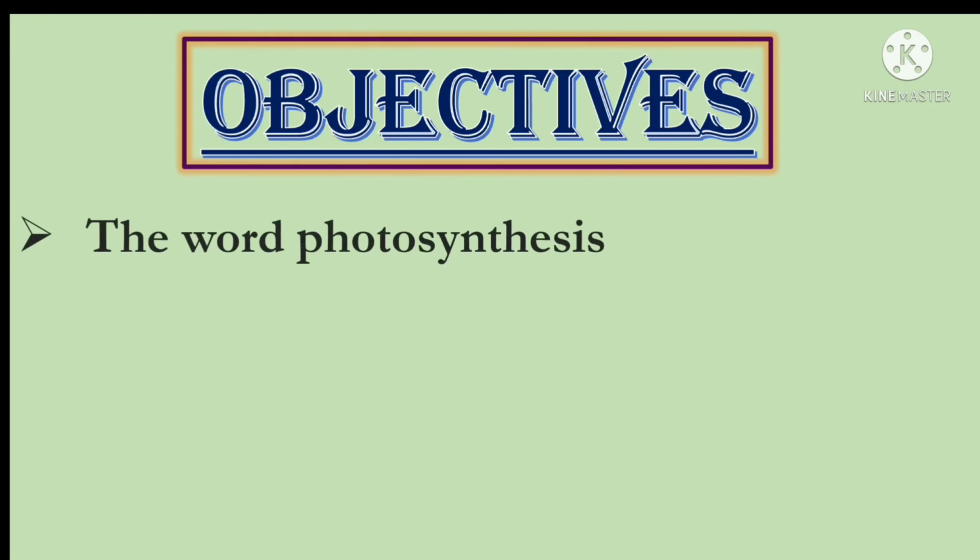Dear students, first of all, I want you to know exactly what you are going to learn in this video. That is, I want you to know about the objectives of this session. So, the main objectives of this video lecture are that first of all, I'm going to discuss the word photosynthesis, where I'll talk about the origin of this word and what actually this word stands for.